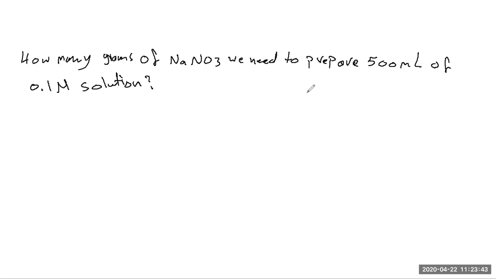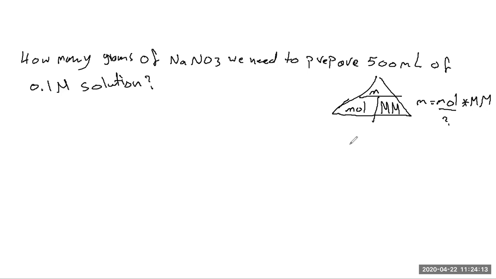Okay, now we know that the mass we can calculate from this relationship here: mole equals mass divided by molar mass. So if you have the mole, you will multiply it by the molar mass, and you will get the mass. So here mass equals mole times molar mass. But here we don't have the mole.